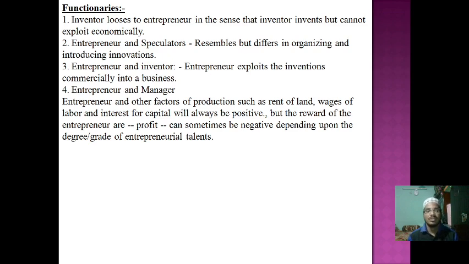These are things the manager always takes as positive, but the reward of the entrepreneur, or profit, can sometimes be negative. So these things have to be balanced and handled carefully, and they come under the manager.